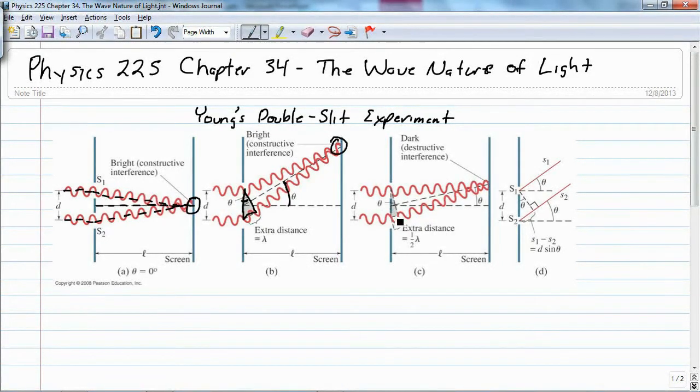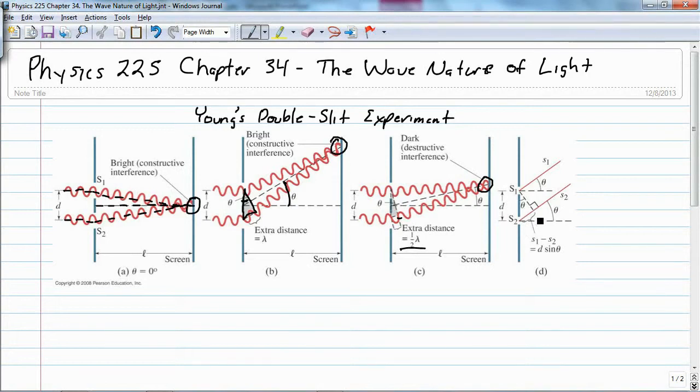But also, there's a point at which you get half wavelengths, and if half wavelengths occur, then you get destructive interference because the two waves are canceling each other out. And that happens when you have half wavelengths, just like we talked about in chapter 15.